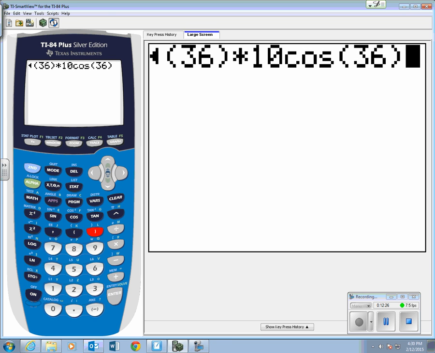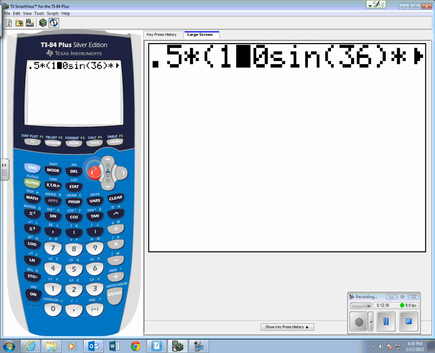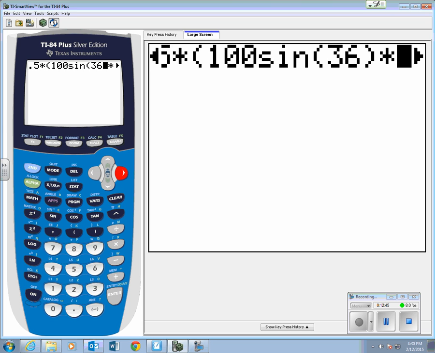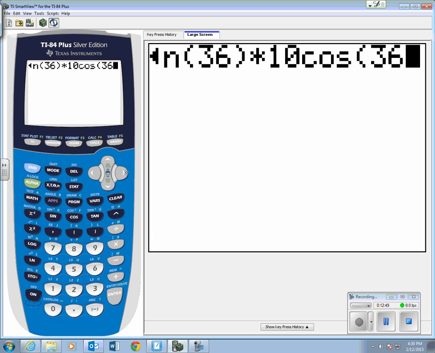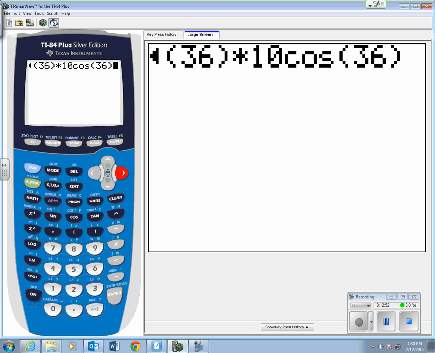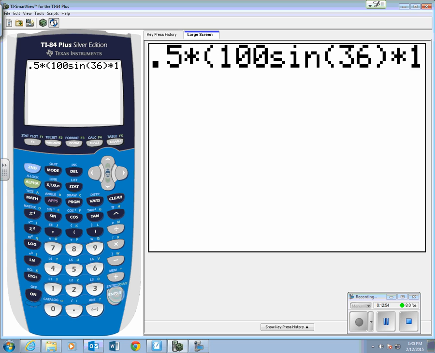Now don't forget, you had trig in here, so don't forget to check your mode. I think I left off a parenthesis there at the end, so we'll make sure to put that in there. All right, and then your mode should be set to degrees. Remember that at the end of your problem. Close that parenthesis, and then we hit enter.